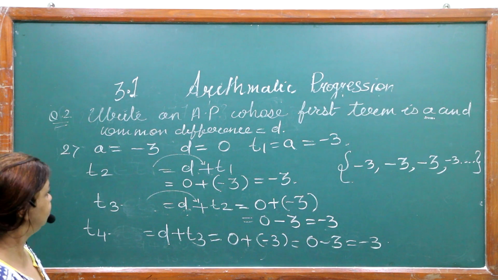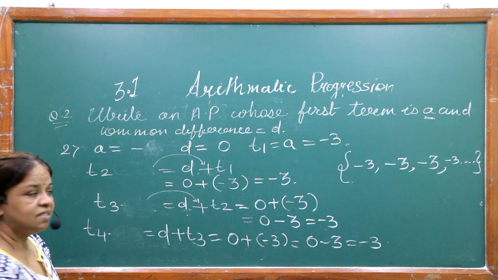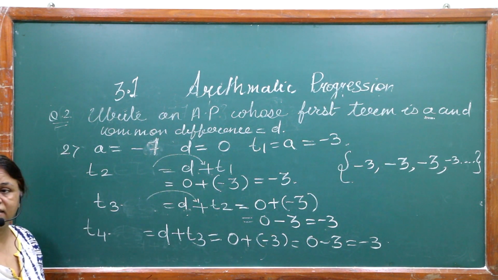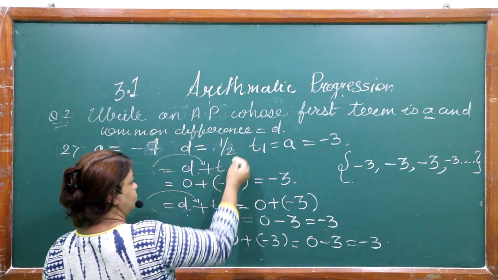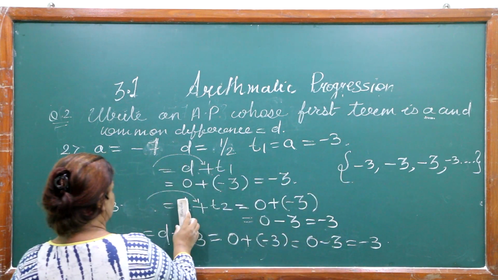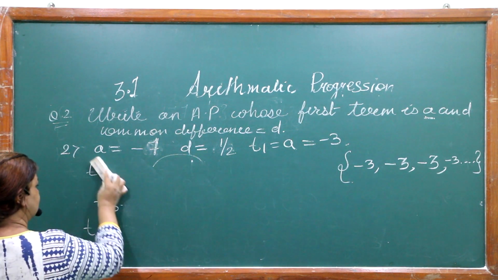Now the next sum, where A is minus 7 and D is given as 1 upon 2. You will use the same formula.